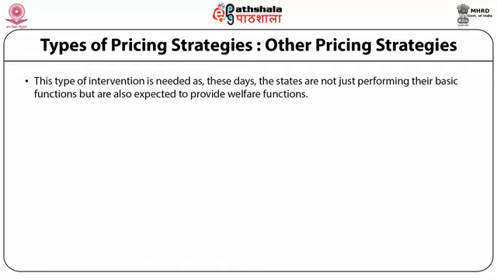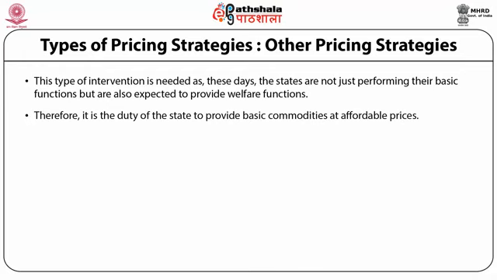This type of intervention is needed as these days the states are not just performing their basic functions but are also expected to provide welfare functions. Therefore, it is the duty of the state to provide basic commodities at affordable prices. Hence, the need for administered prices arises.